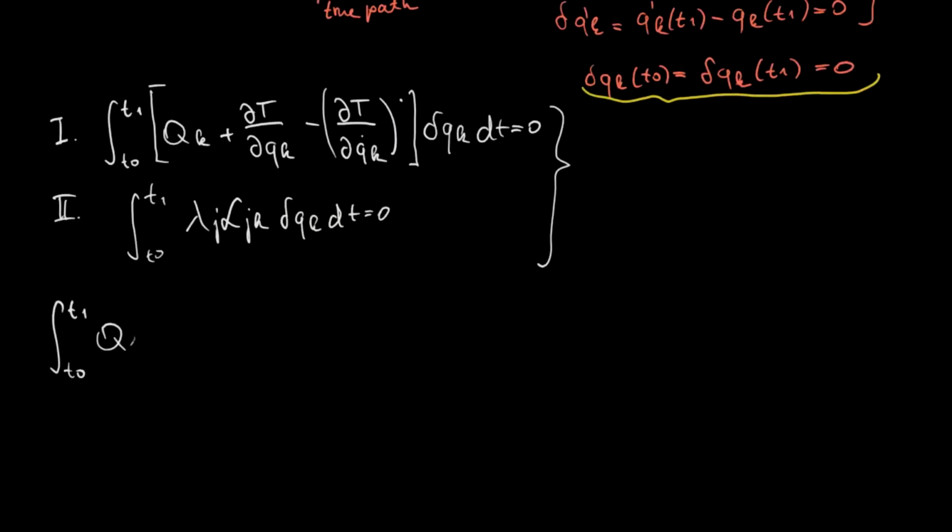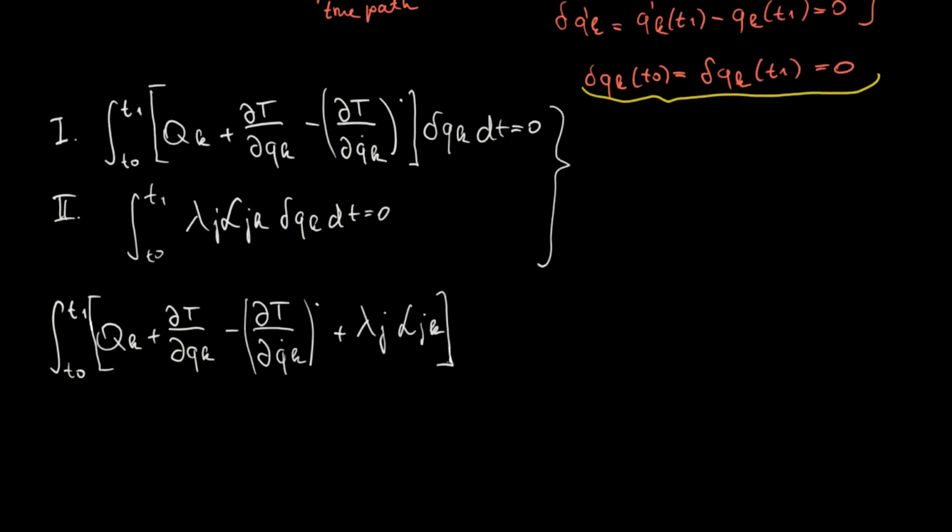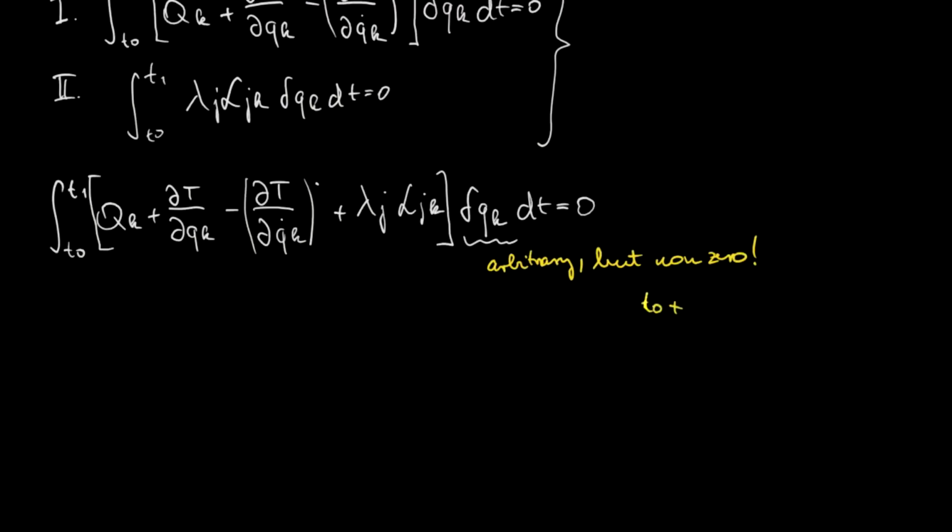We can match these two equations and write one expression from these two, naturally multiplying out with delta qk dt that equals 0 again. And here we can find the virtual quantity that we have talked about before. It is arbitrary but non-zero because of the mentioned causes, so we can get 0 only if this part is 0, so it must be 0.